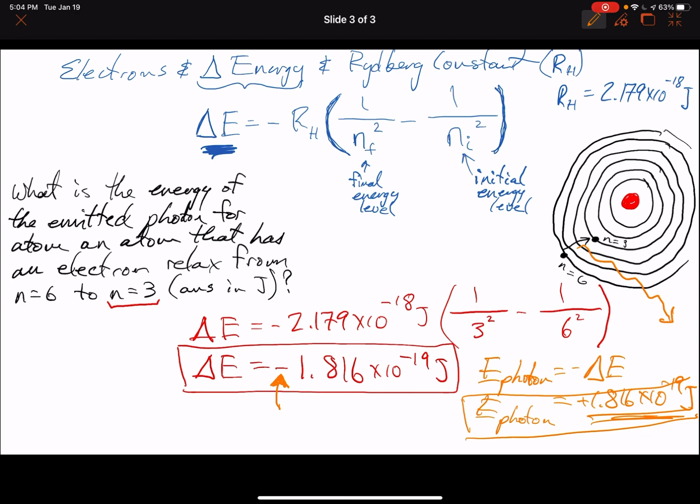We could also even ask you to apply E equals hc over lambda and convert the energy into wavelength. So what is the wavelength of the light coming out associated with this transition? Or even calculate the frequency using this equation here. So be prepared to answer questions like that.